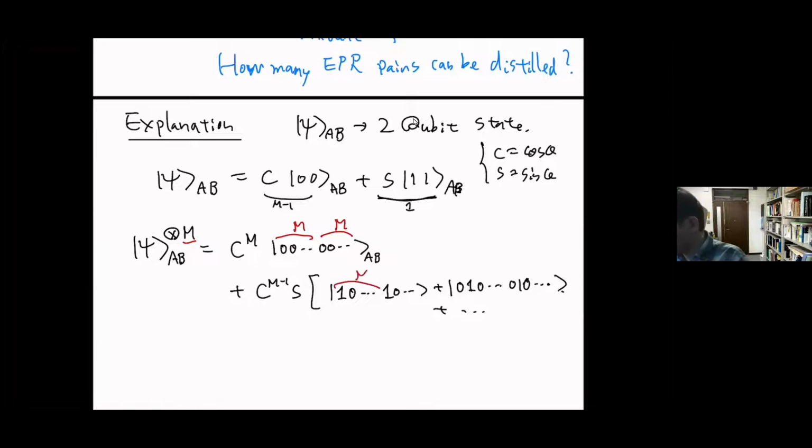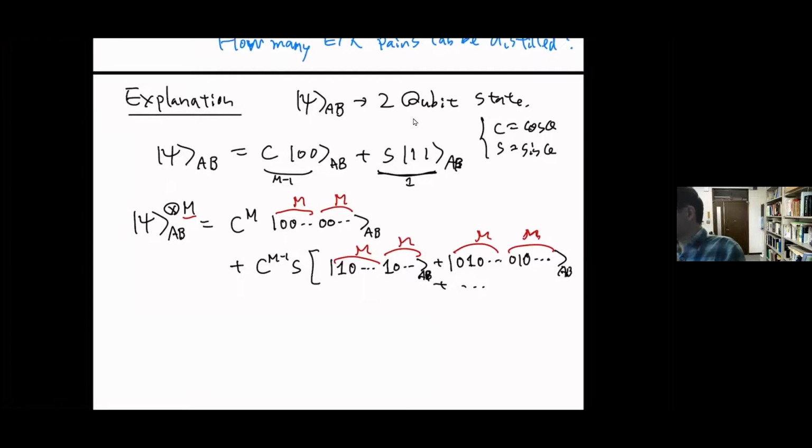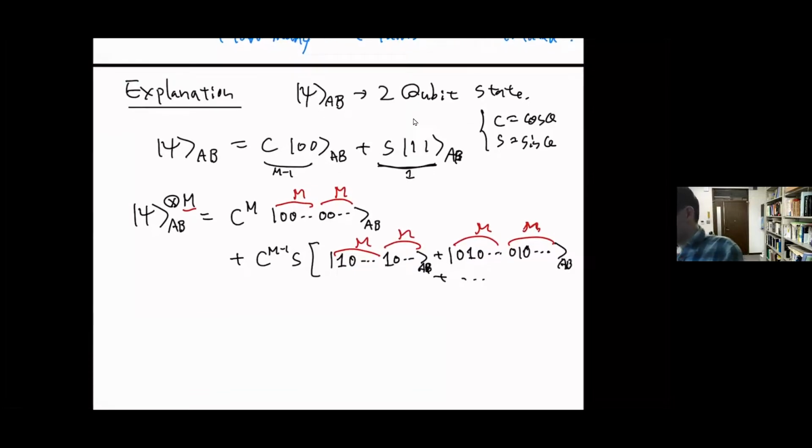So again, this is M qubits each. I just take a binomial expansion, and there are M terms here, because the 1 is here, then the 1 is in the second position, and so on.